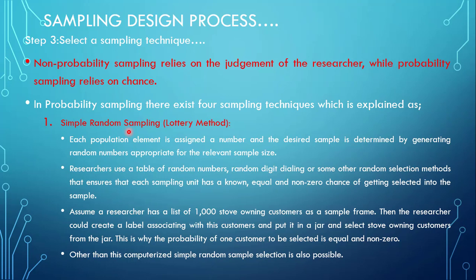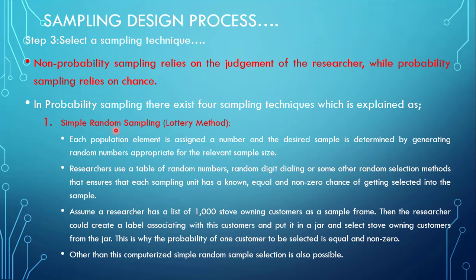You are going to have a random list, and then you are going to assign numbers for each item, and you are going to put the numbers in the jar, and then you are going to draw one at a time, and whatever number is drawn from the jar will be included in the research.